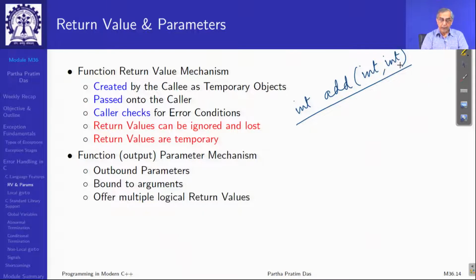So, how do I check that? If I want to return a status value here, then I lose the basic property of the function, which is to give the added value of the two numbers passed to it. So, something unnatural that we can do is we can have more parameters.